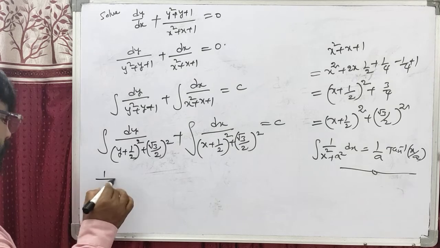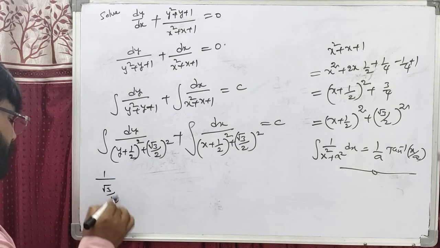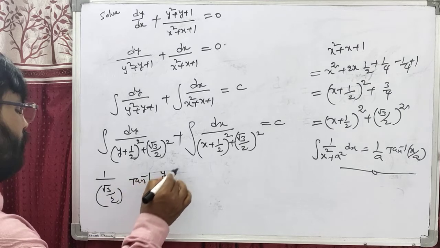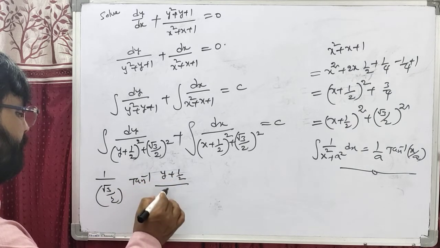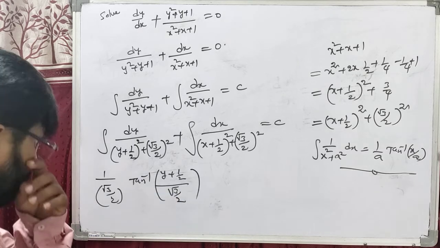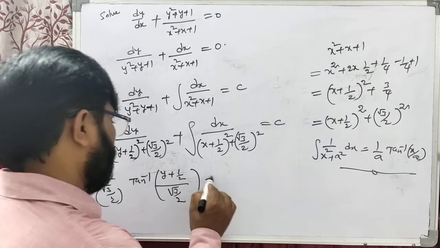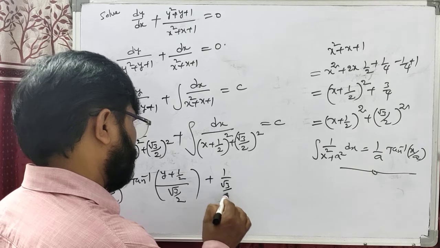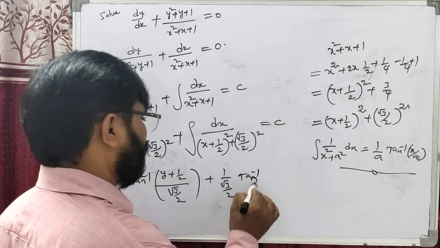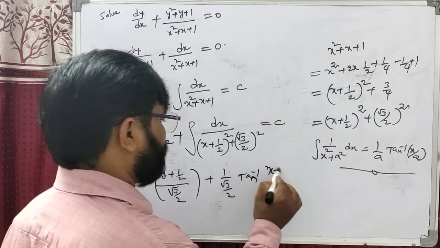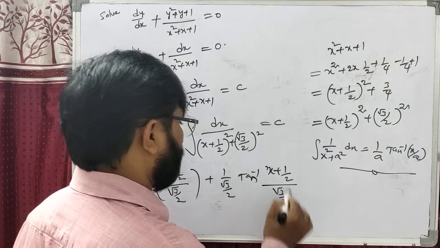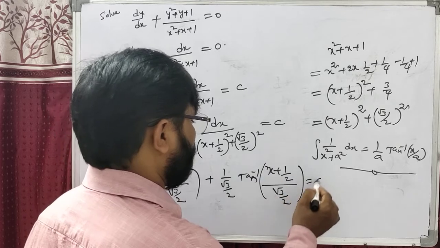Dear students, 1 by a, root 3 by 2, tan inverse of y plus 1 by 2 by root of 3 by 2. Similarly, we can write 1 by a, that is root of 3 by 2, tan inverse of x plus 1 by 2 by root of 3 by 2 equal to c.